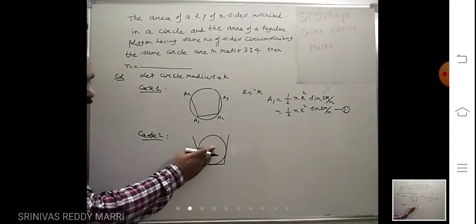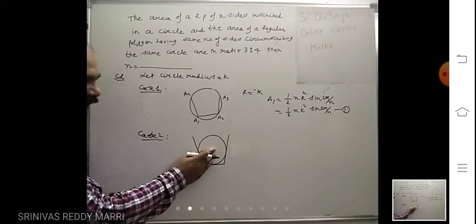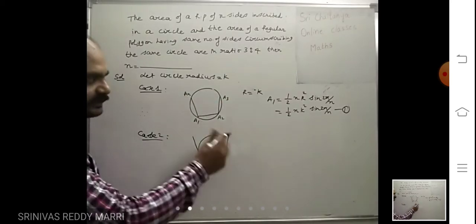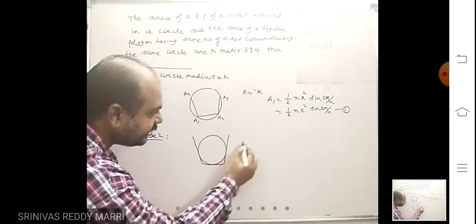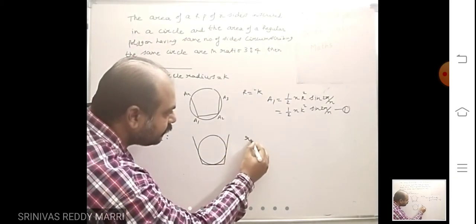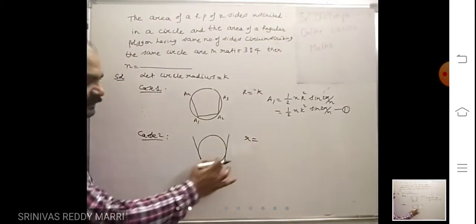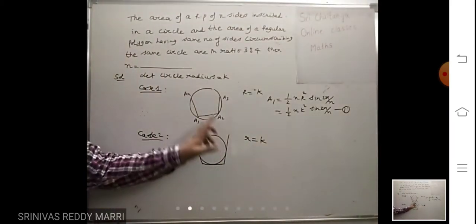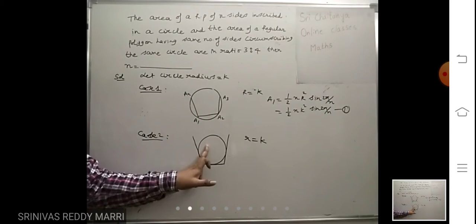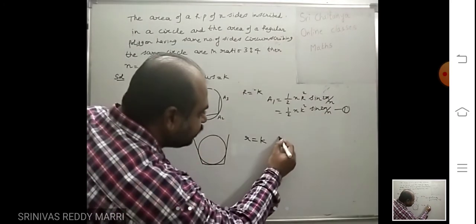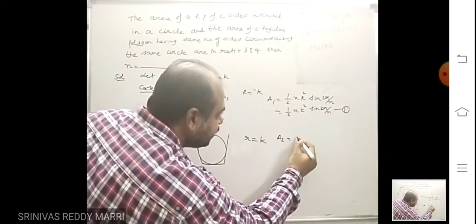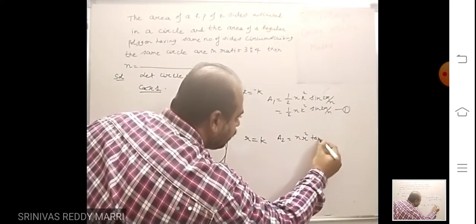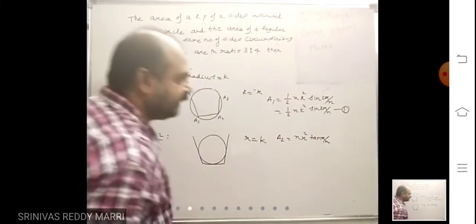Here the circle is the same, which means the radius of the circle is the same. But in this case, for this polygon, the same circle is the incircle. If the incircle is known, A2 is nothing but n r square tan pi by n.